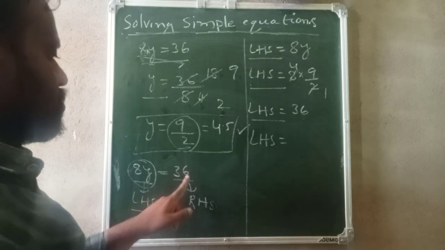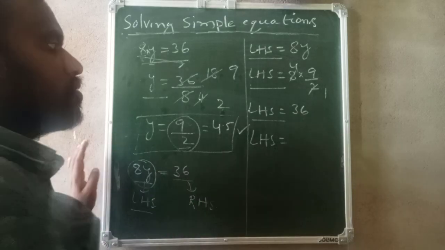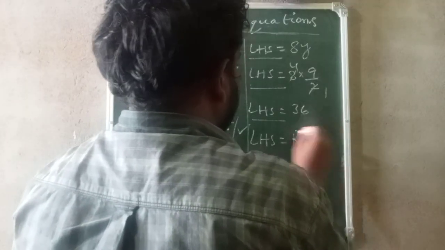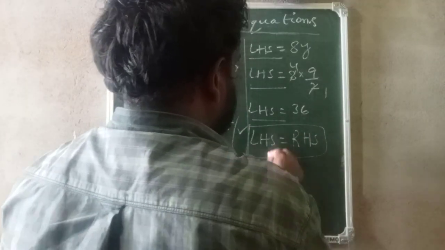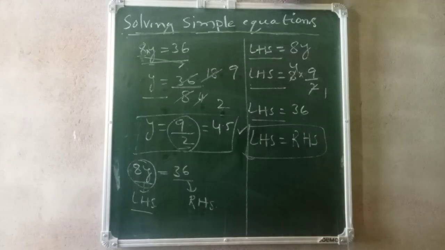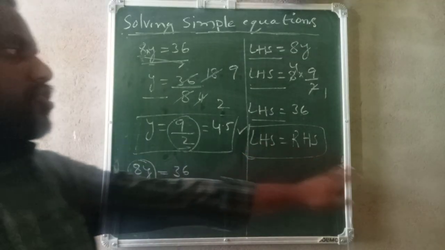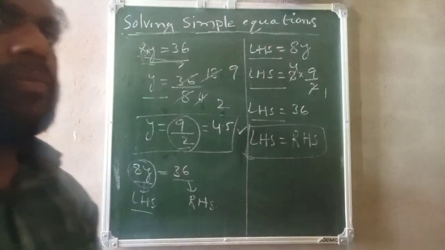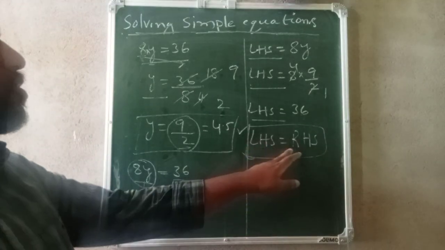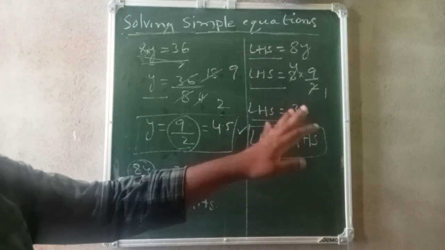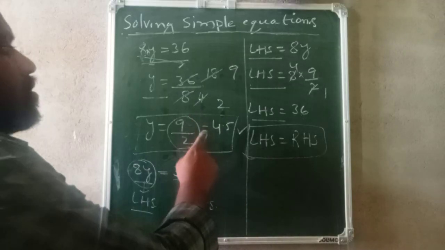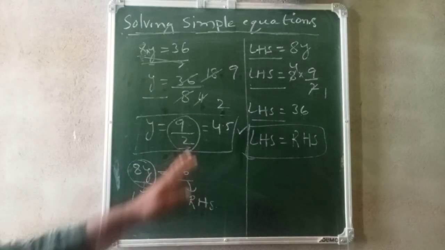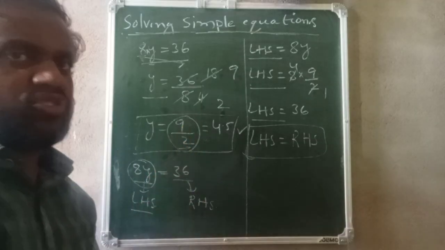I said 36 is RHS. So in place of 36 I will write RHS. Okay. So we got LHS is equal to RHS. So just remember, when LHS is equal to RHS, that means this answer is correct. y is equal to 9/2 is the correct answer.